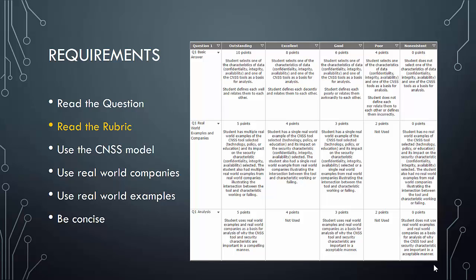The second part of that question is it calls for you to use real-world examples and companies. Okay, so that means, and we're going to spend a little bit more time on this later on, you've got real-world examples of that characteristic or that tool, and they're coming from real-world companies. And you're showing an intersection between the tool and the characteristic. And again, you can see the points associated with that.